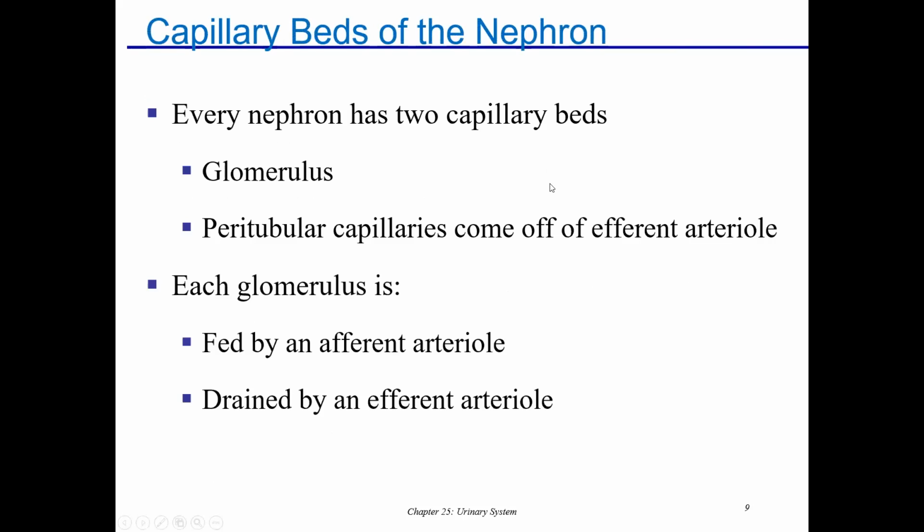Now to recover all this water, we have several capillary beds. The capillaries run right beside the tubules. So you have the peritubular capillaries that sit next to each tubule, and of course you've got the glomerulus. The glomerulus counts as a capillary bed. We don't think of it that way.